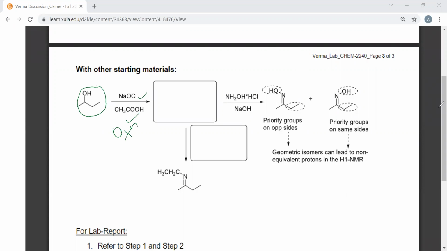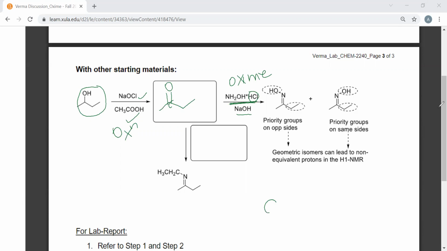These are for your oxidation conditions. At the same carbon, you get the ketone. What are these conditions for? The hydroxylamine hydrochloride salt, sodium hydroxide. These are the conditions for oxime formation.